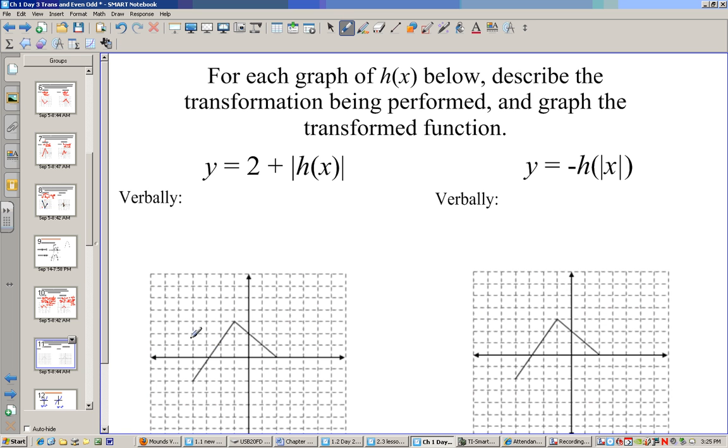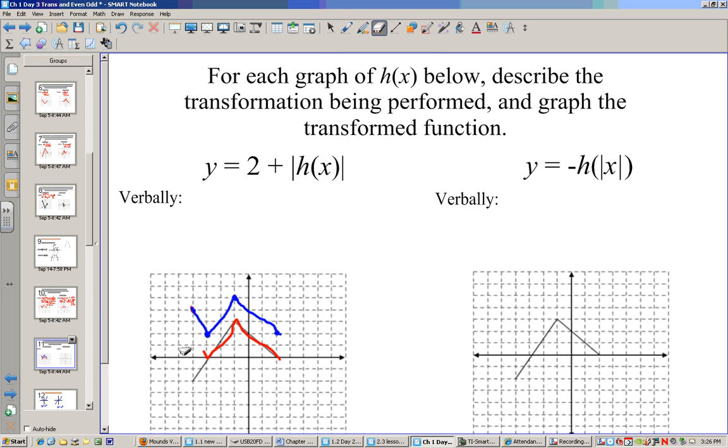it would look like that, but each goes up 2. So maybe it even helps to draw this out initially. And now let's go to blue. And the blue is what we're looking for.